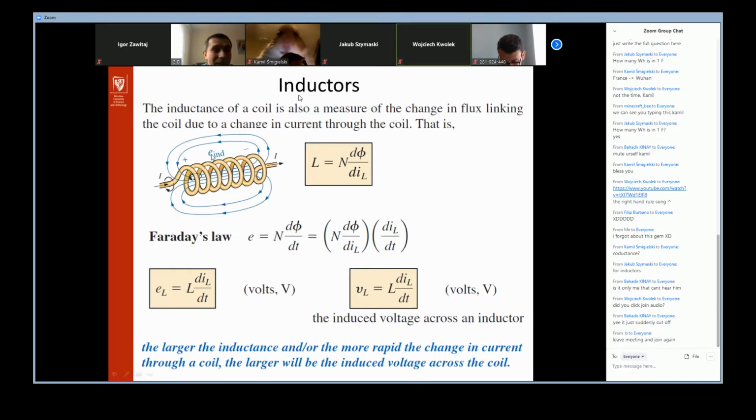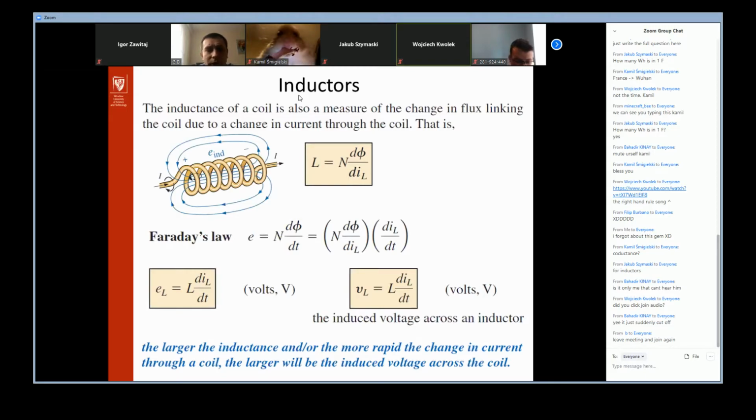And we know, due to Lenz's law, that this induced voltage across the coil has the opposite direction to its cause. This effect is named the choke effect for the inductor, for the coil. How it works? Also, it is very hard to show it at this moment.